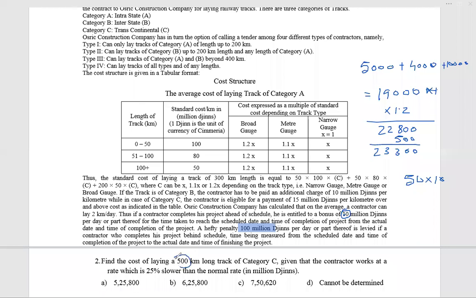Length 500, category C. Category C means transcontinental.